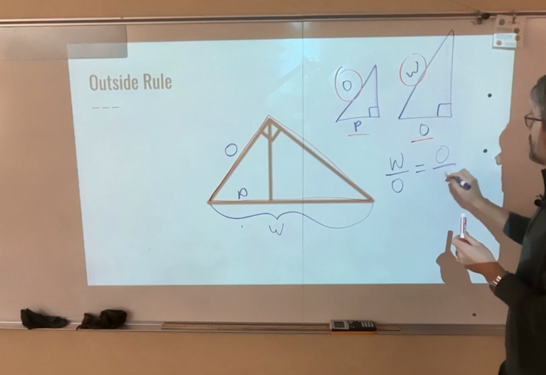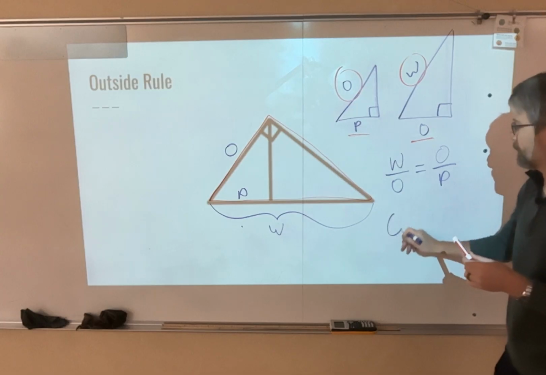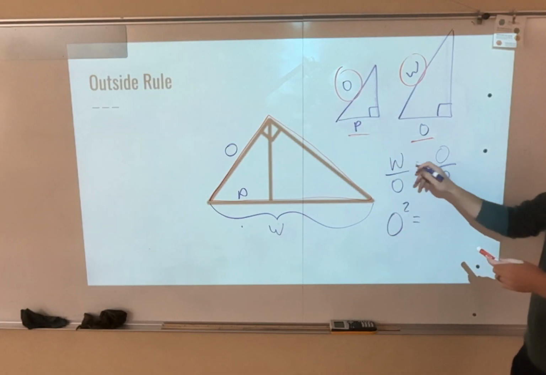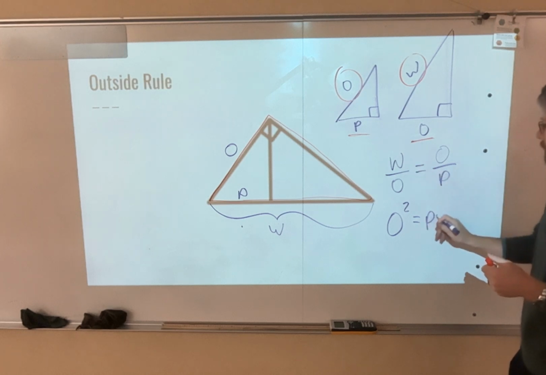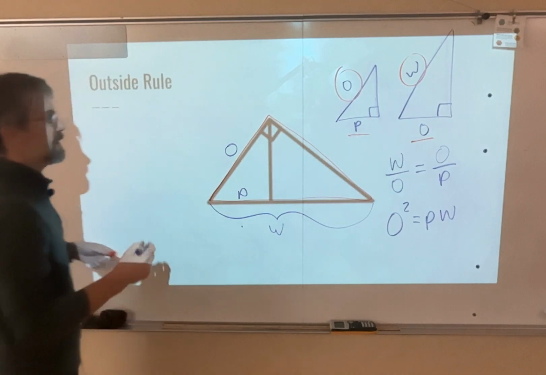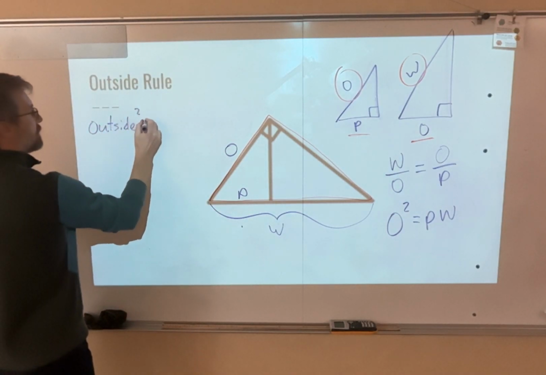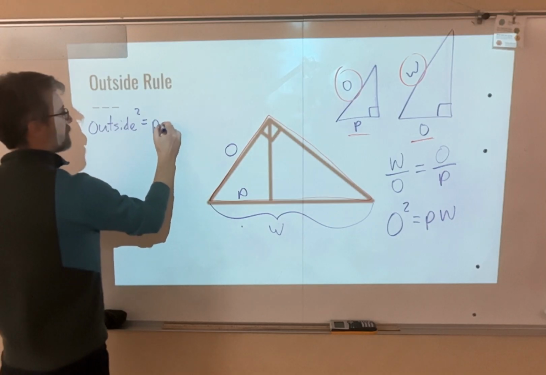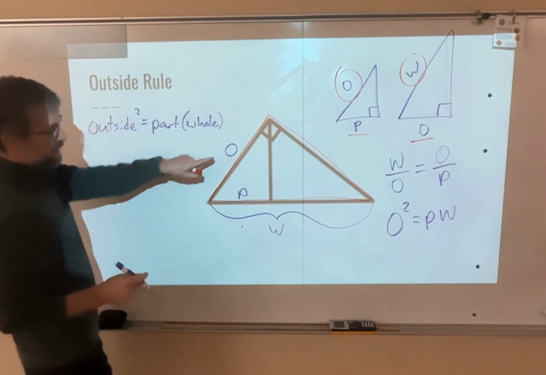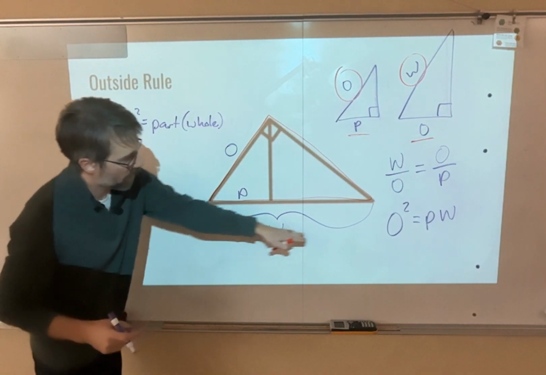And we get a very similar looking equation, that O squared, and this is O and not 0, is equal to W times P, or P times W. And the other way we could think of this is that the outside squared is equal to the part times the whole, where we're talking about the outer side, the part that it's connected to, and then the whole base.